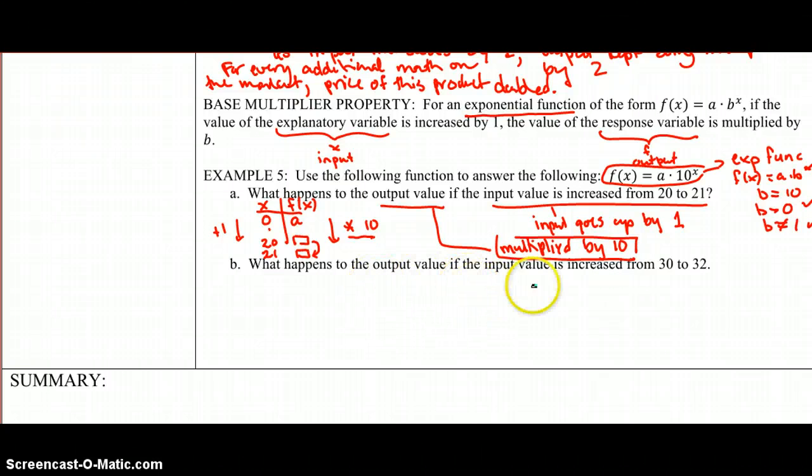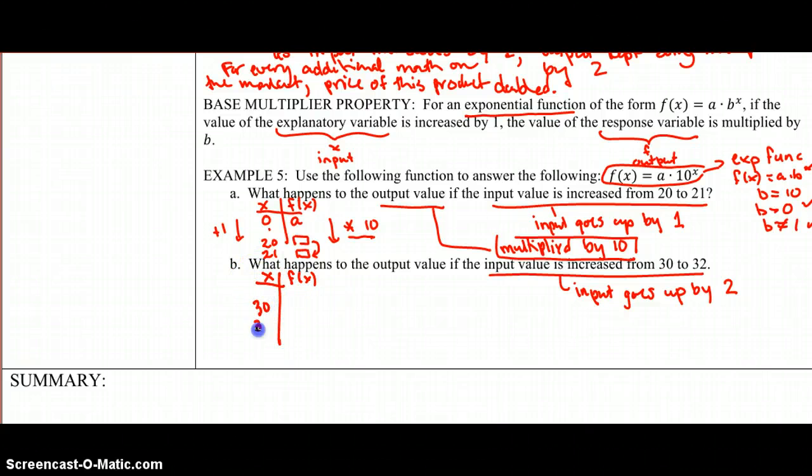Now what happens to the output value if the input is increased from 30 to 32? So now here, the input goes up by 2. So in here we would have 30, 31, 32. Again, we don't know what this value is. But if this goes up by 1, again the base multiplier says we would have to multiply by 10. But then it goes up by 1 again.